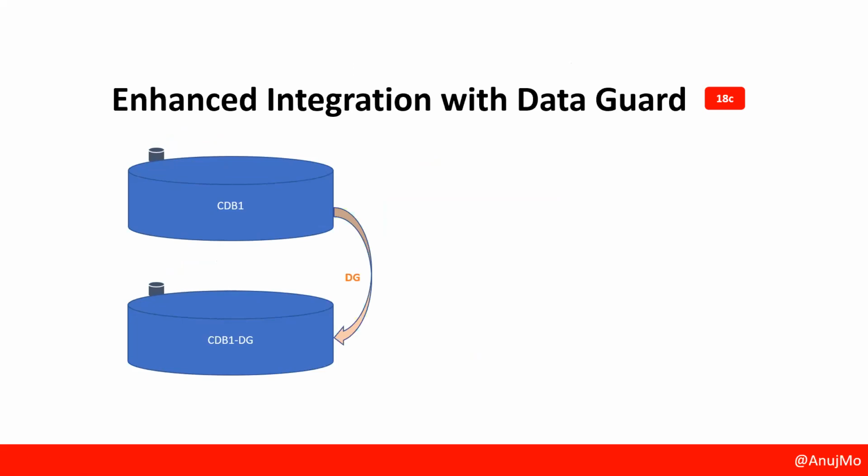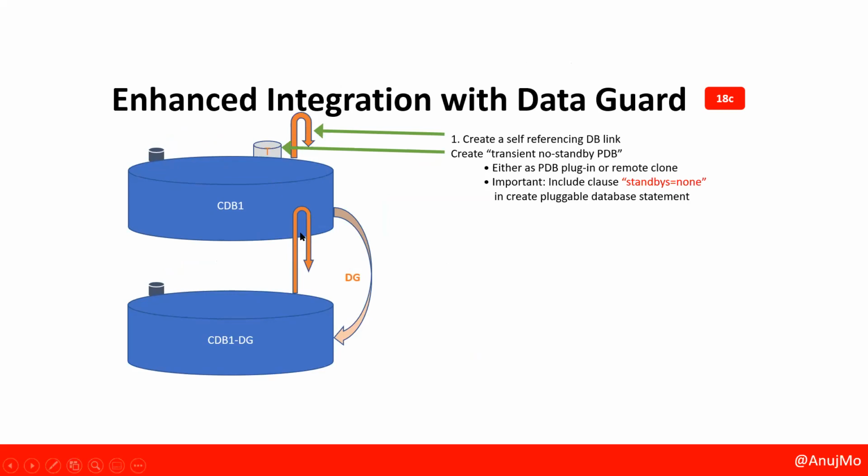It's not fully automatic yet, but enhanced. You create a self-referencing database link, and that will be replicated. Then you create a transient no-standby pluggable database that will not be replicated because you're using the standbys equals none clause.